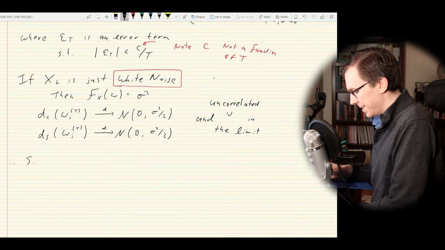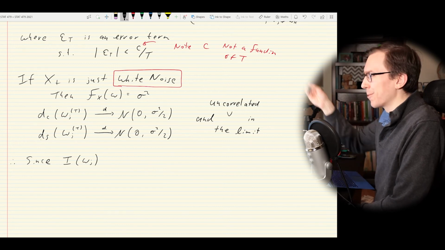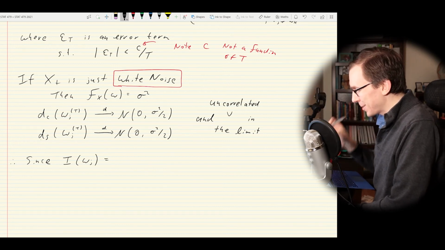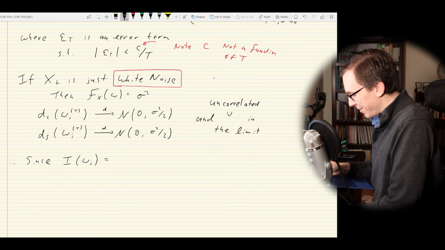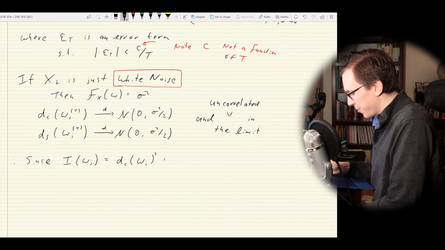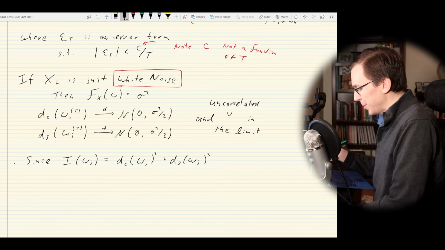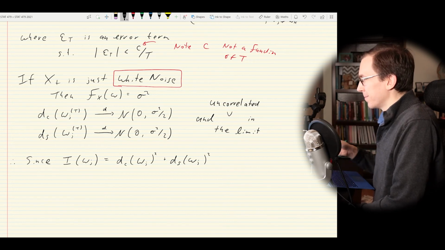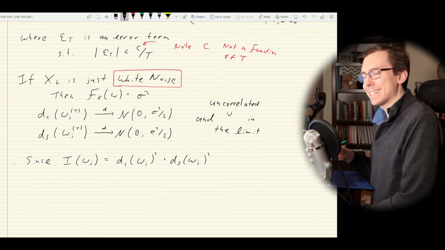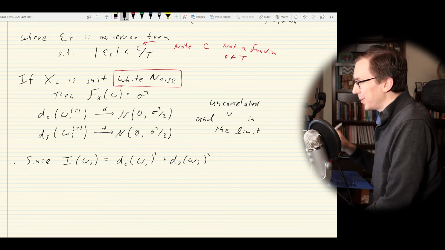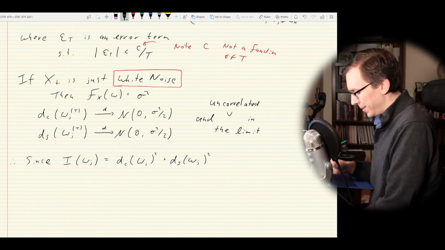Therefore, since the periodogram, sometimes I feel like I'm just running around randomly, but there is an ultimate goal here, right? What we're getting at is that the periodogram is going to be the sum of these two things squared. And when I sum up two squared normal random variables, I get something that looks like a scaled chi-squared random variable.